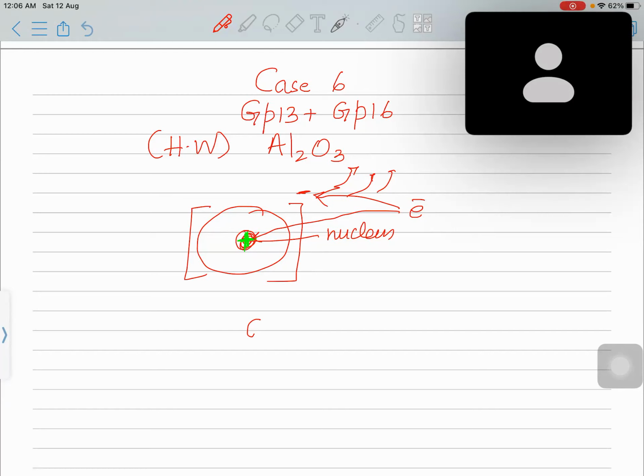After the completion of the Born-Haber cycle, I will give you the question: why is first electron affinity negative and second electron affinity positive? We will do all these questions again. Today our topic is just the Born-Haber cycle.